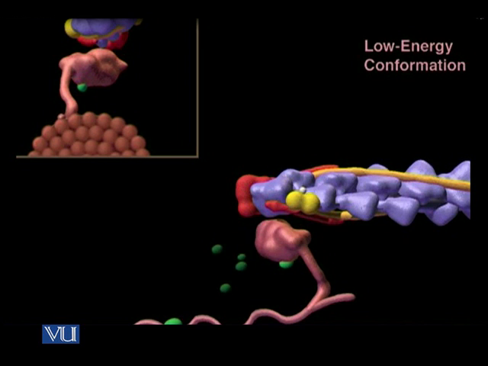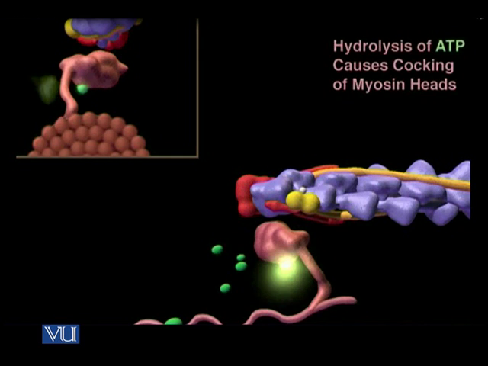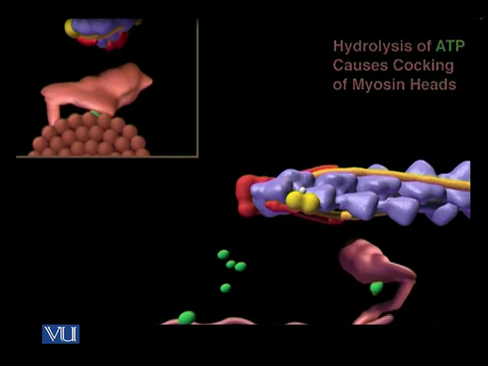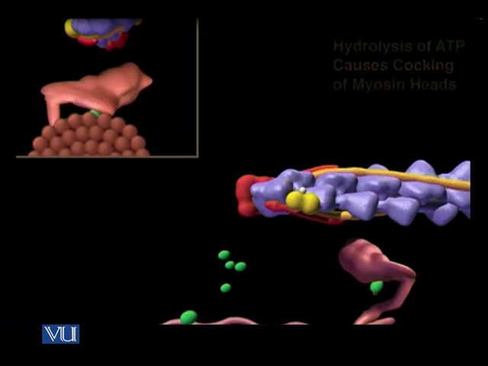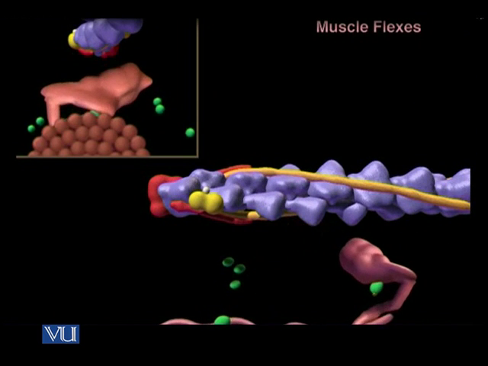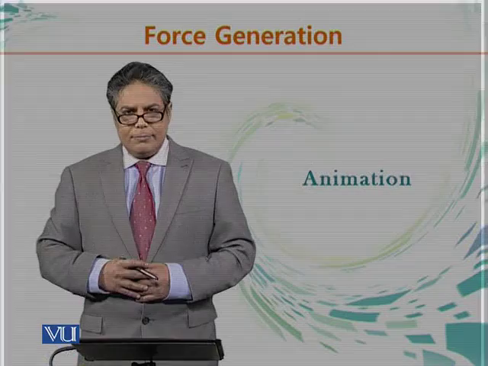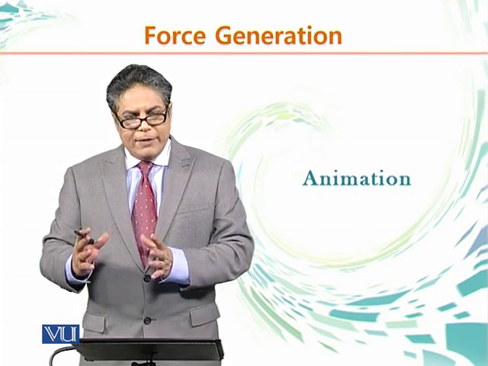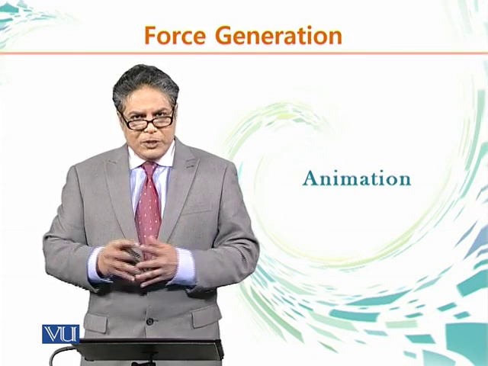So this is basically the whole process. Again, hydrolysis of ATP causes a conformational change, resulting in sliding of these two molecules against each other. I hope this animation was helpful in understanding how actin filaments move along the myosin filaments, which are called thick filaments.